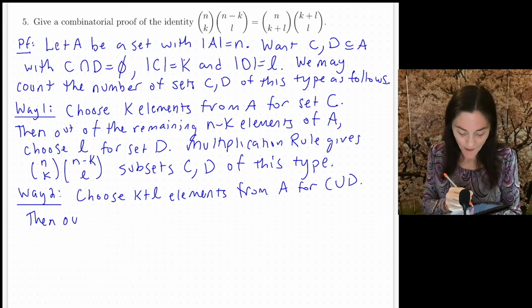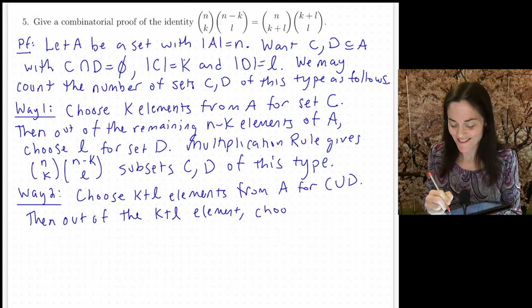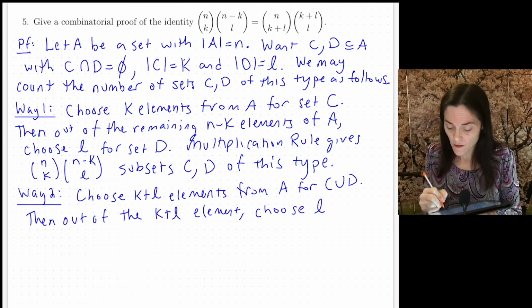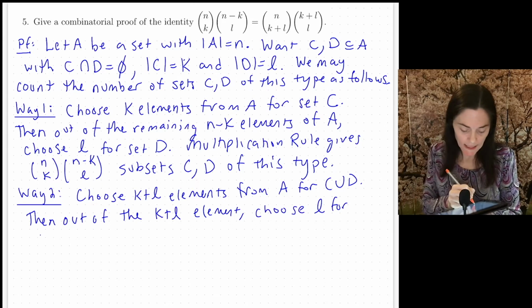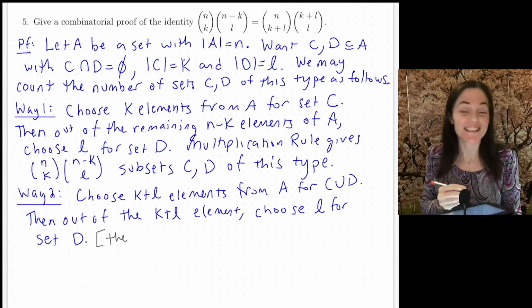Then out of the k plus L elements, we can choose L for set D. Now, maybe I'll put this as a comment. The remaining, this is just a comment really.